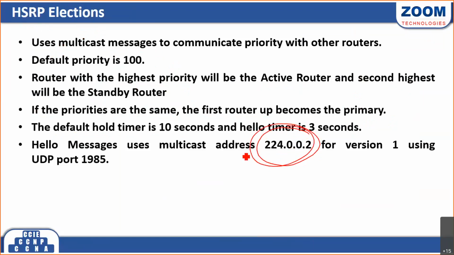Do you remember all the protocols' multicast IP addresses? RIP multicast address, remember? 224.0.0.9 is RIP. OSPF is 224.0.0.5, I think, right? Yeah, OSPF is 5, RIP is 9. Okay, I said the opposite.